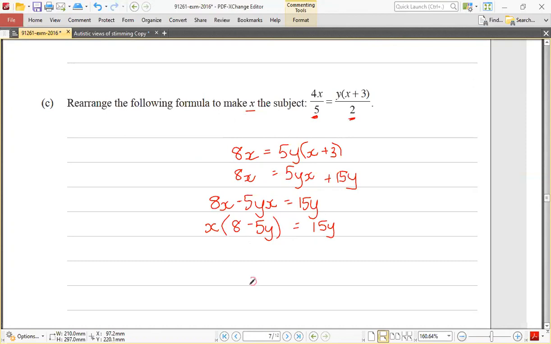Divide by 8. So x equals 15y over 8. Right. Done. Finished.